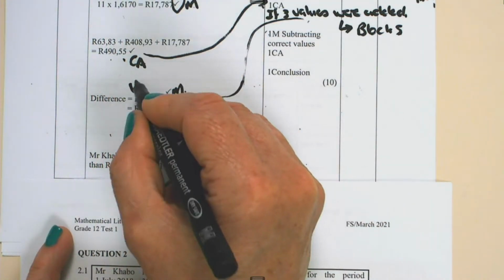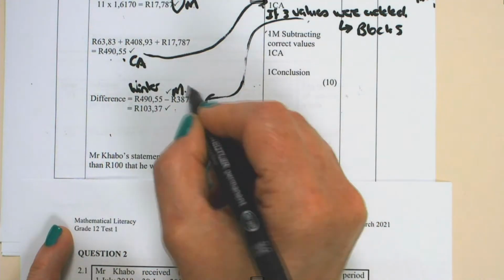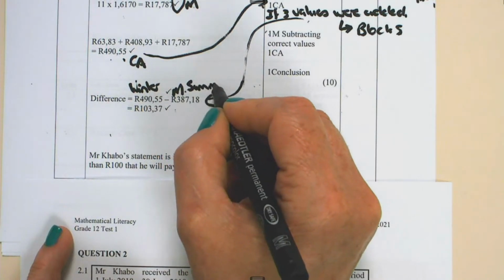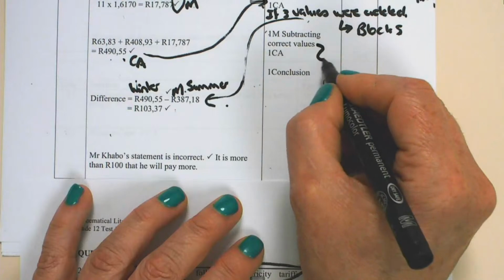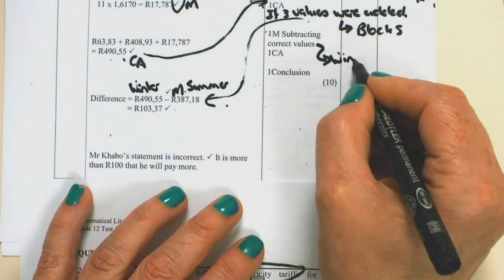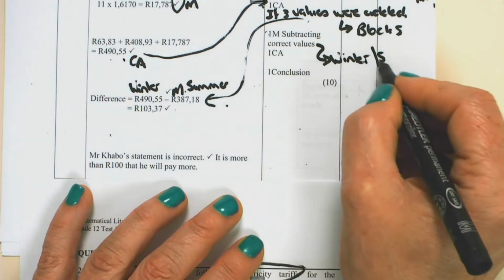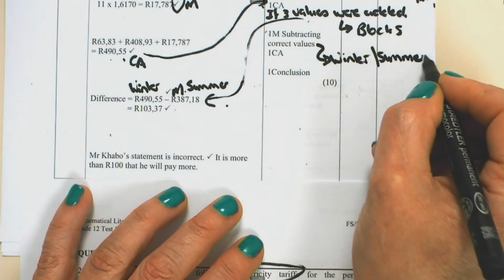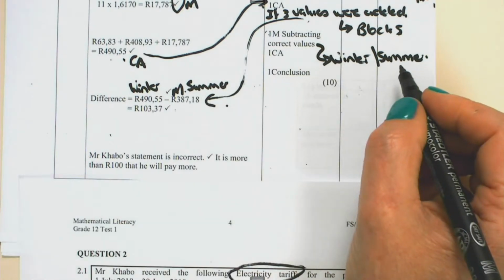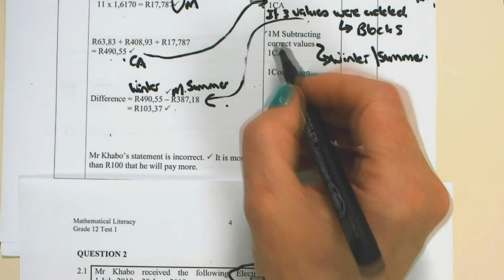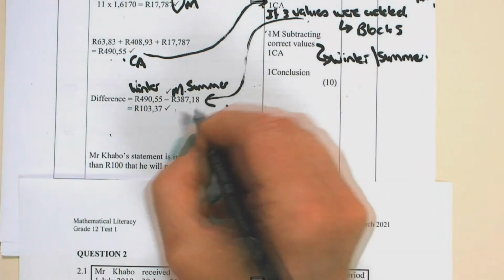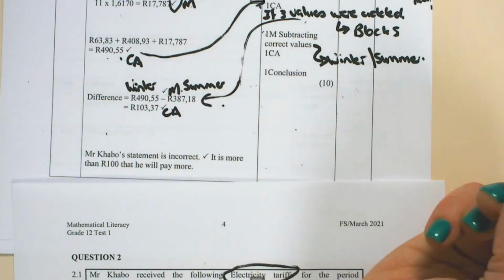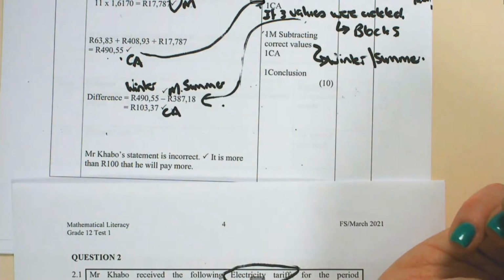So if they subtract the total for winter minus the total for summer, whatever they got, subtracting the correct values, winter, summer, even if they made a mistake and they incorrectly calculated winter and summer, but they are now subtracting it, you can give the method mark, and then there is a CA mark here for subtracting those values correctly.